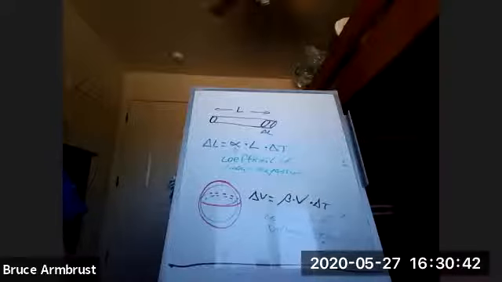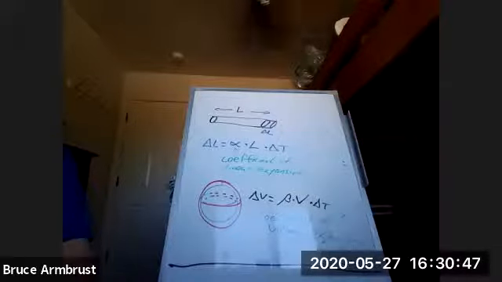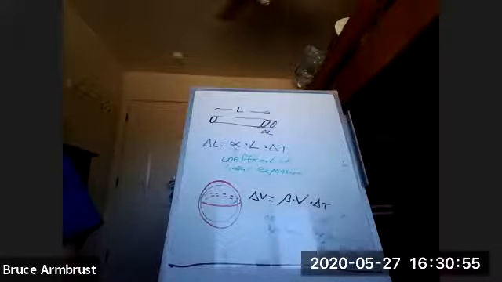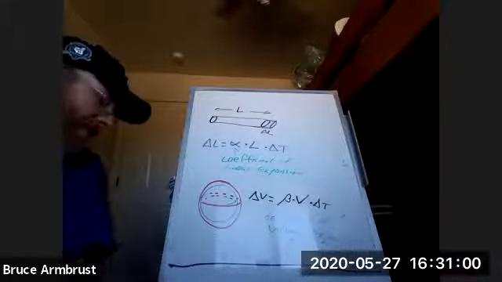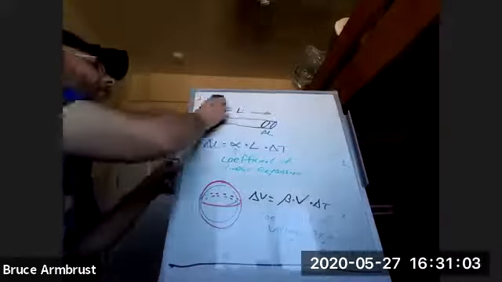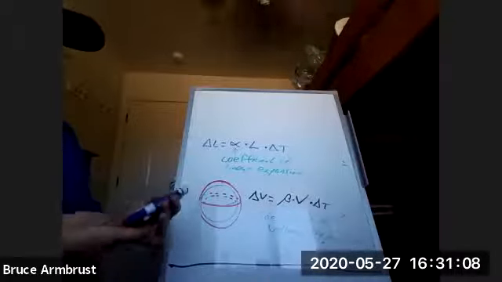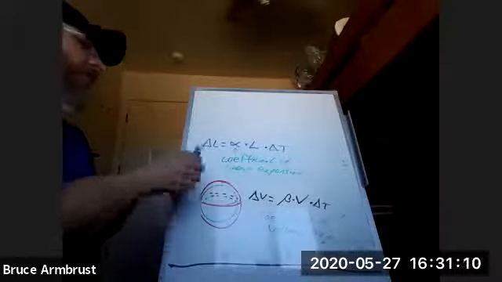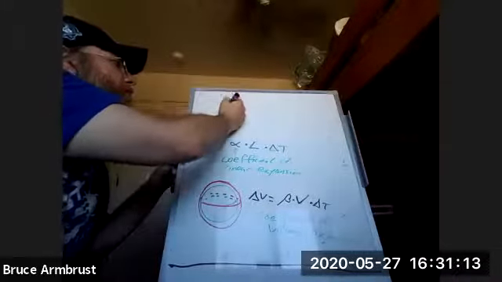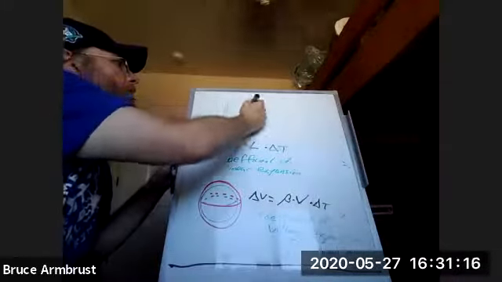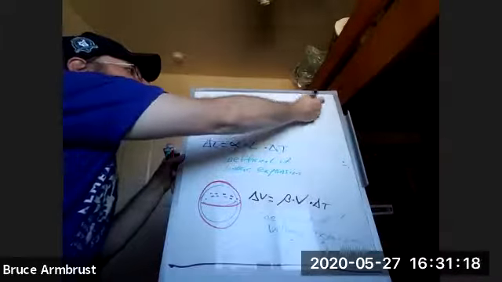So if we were to look at the coefficient of linear expansion for copper, it's going to be different than the coefficient for volume expansion for copper. However, it turns out that it's related. So check this out. We'll do a little calculus. What we know about volume is that, if we've got a cube, volume here is equal to L cubed.